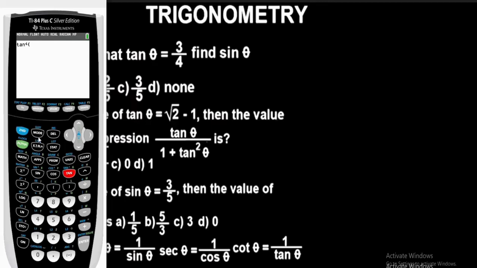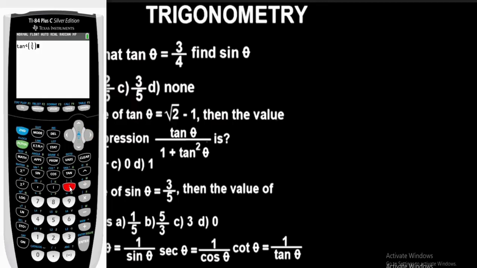To bring out fraction, you can just press alpha and this button, then press 1. So we have 3/4. Then come here and close the bracket. So this is tan inverse of 3/4.